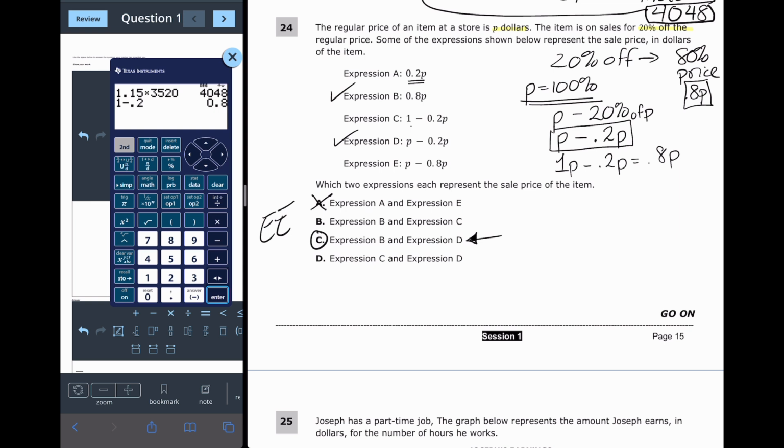So could you have chosen this one? See, it looks very, very close, doesn't it? But notice the difference. This is saying 1 minus 20% of P and not P minus 20%. So that's why this one does not work. That is not the same as P minus 20%.